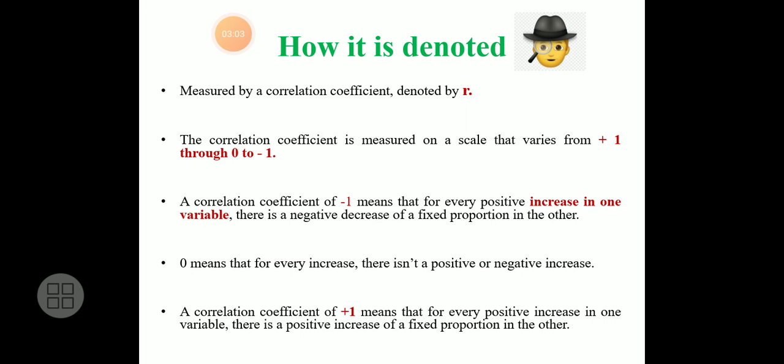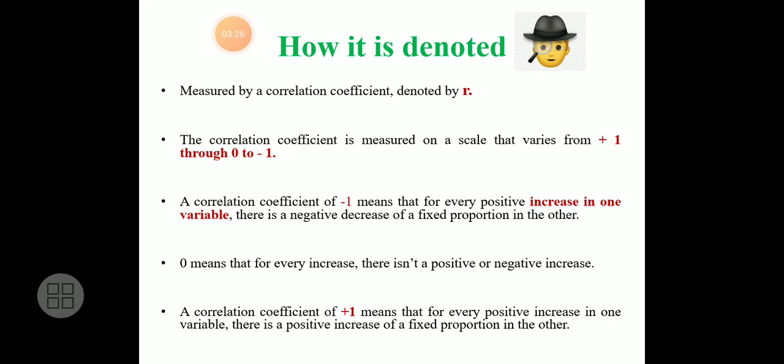Friends, correlation is the study of a relationship between 2 or more variables. It is the covariation of 2 variables.